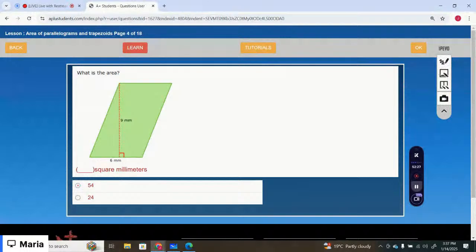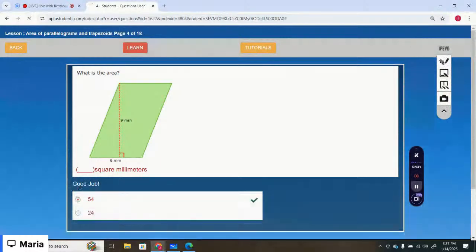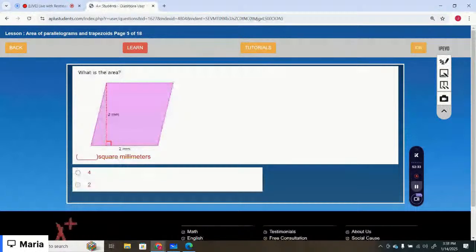Option number 1 is the correct option. Very good. What is the area? Which is the correct option?